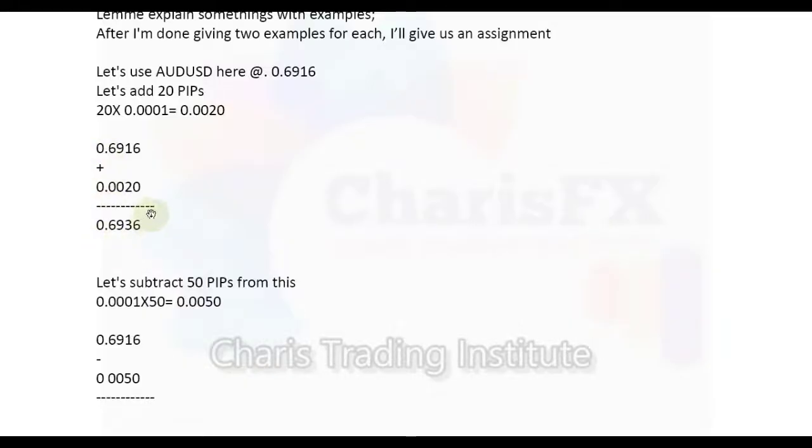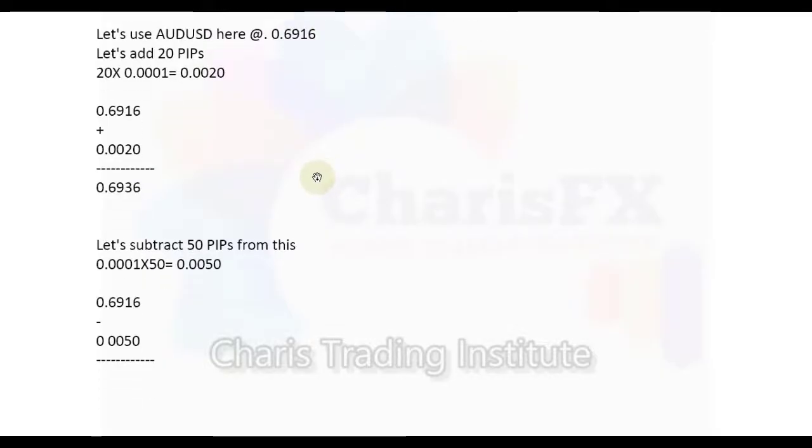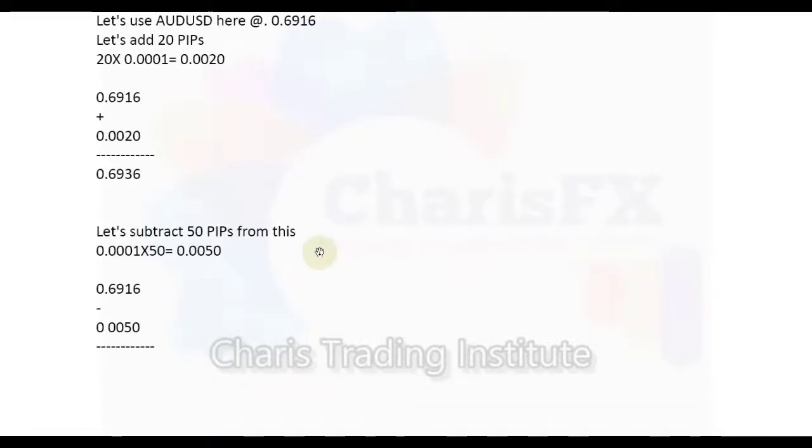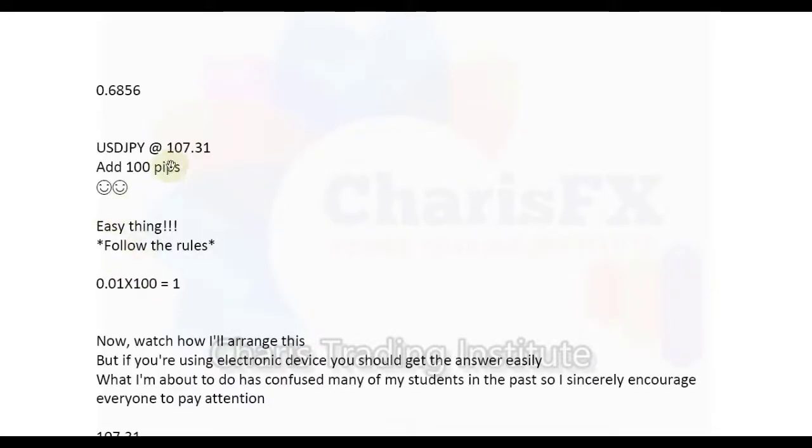This is the current price of AUD USD once we have a 20 pip increase on 0.6916. If you want to subtract, you do the same thing. You want to subtract 50 pips from the same price. All you need to do is multiply 50 by 0.0001. It's going to be 0.0050, but subtract it from the same price, and you are going to get that figure.